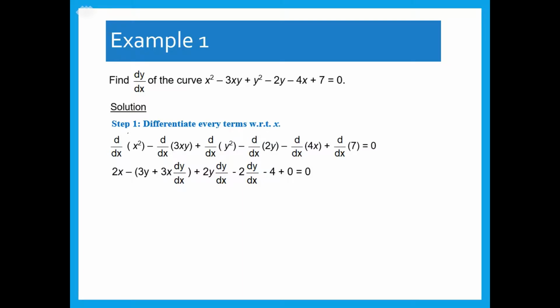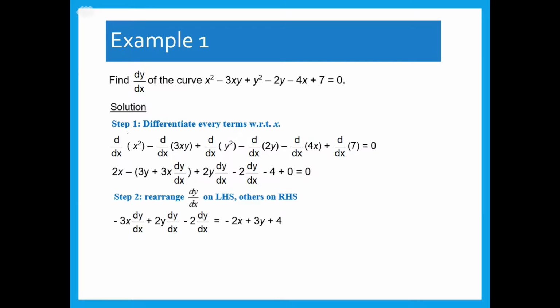The answer is 3y plus 3x dy over dx. Differentiate y squared, the answer is 2y dy over dx. Differentiate 2y, the answer is 2 dy over dx. Differentiate 4x, the answer is 4. And differentiate 7, the answer is 0.